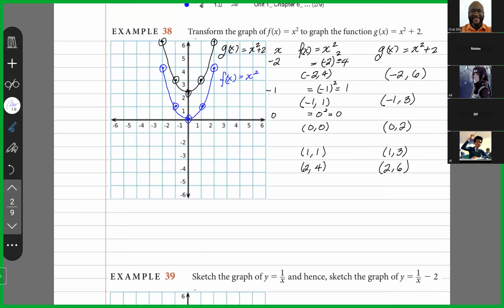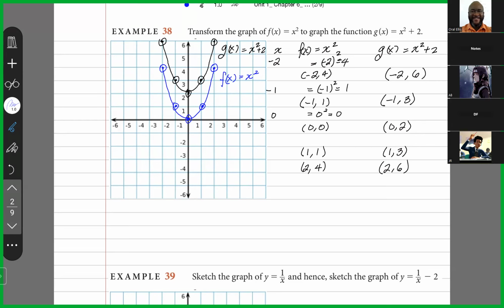We were asked in the question to transform the graph of f of x is equal to x squared to graph the function g of x is equal to x squared plus 2. And what did we do? We obtained points on the graph of f of x is equal to x squared, and then we obtained points on the graph of g of x is equal to x squared plus 2.